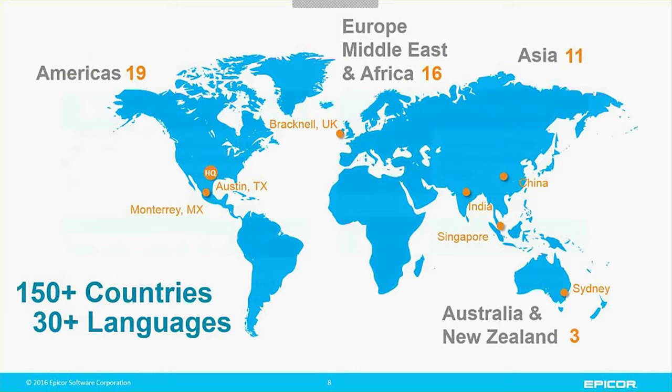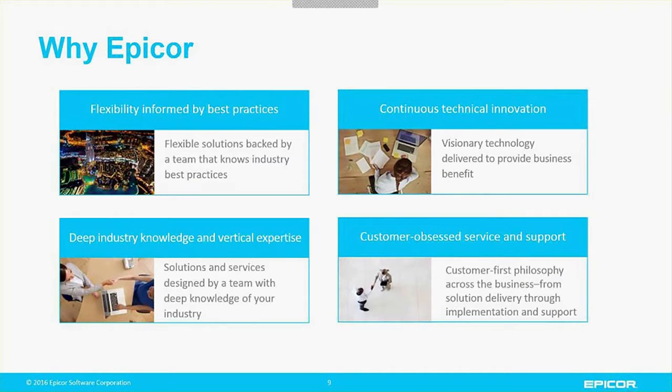One of the things that we think is most appropriate about Epicor is the flexibility to adapt best practice. We come into implementations with a certain level of experience and best practice templates, which we can then adapt, and the functionality will adapt to the individual business flows and requirements of each individual customer.